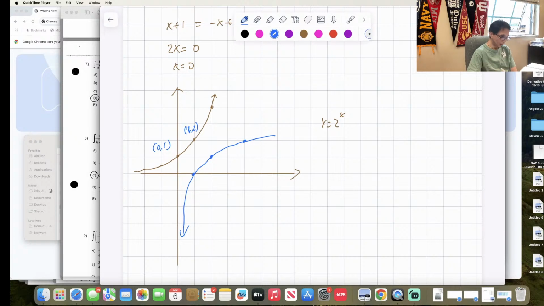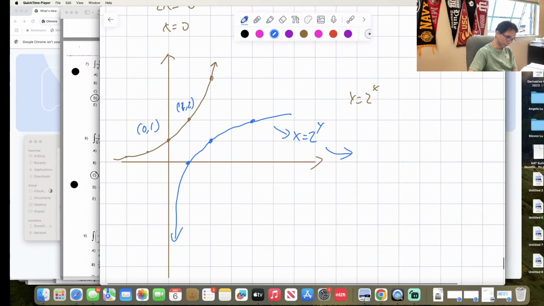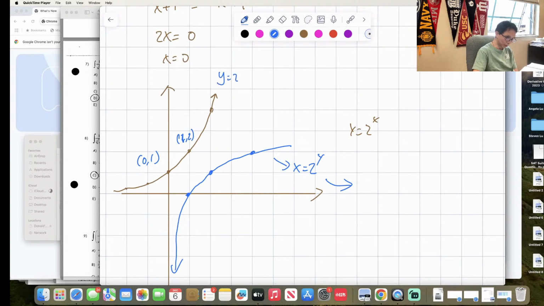Okay. So this one's a good question to lead to today's topic, x equal to 2 to the y. Now, you might want to write this down for your notes. This is y equal to 2 to the x.